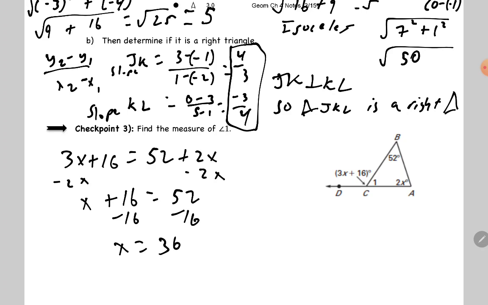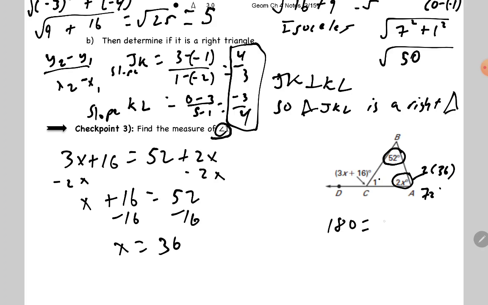But that's not what we're looking for. We're looking for the measure of angle 1. So we know that this is 52 degrees, and that's 2x, which is now 2 times 36, which is 72 degrees. So angle 1, remember, all the angles in a triangle add up to 180.